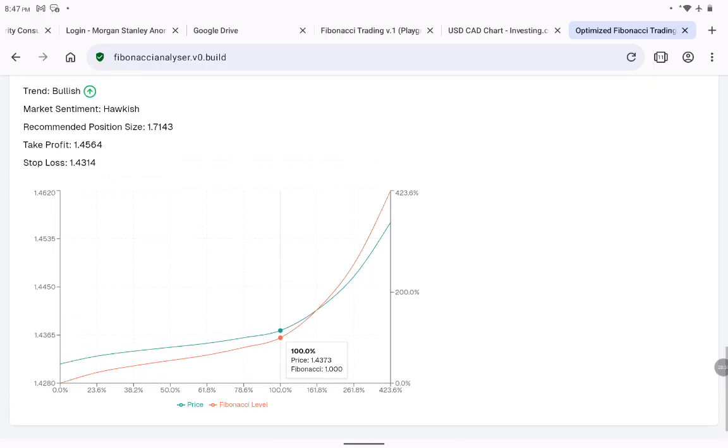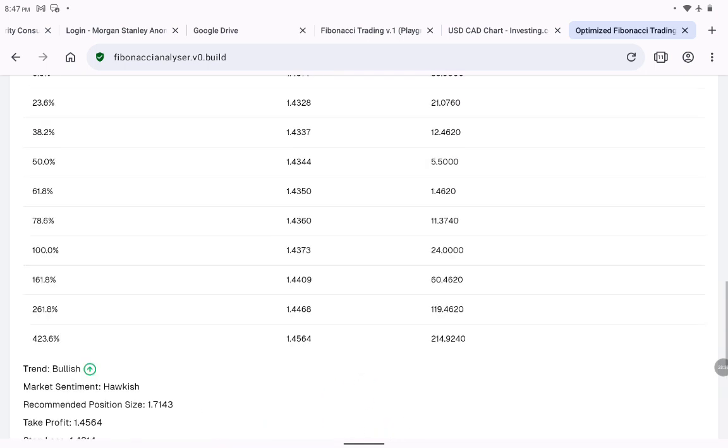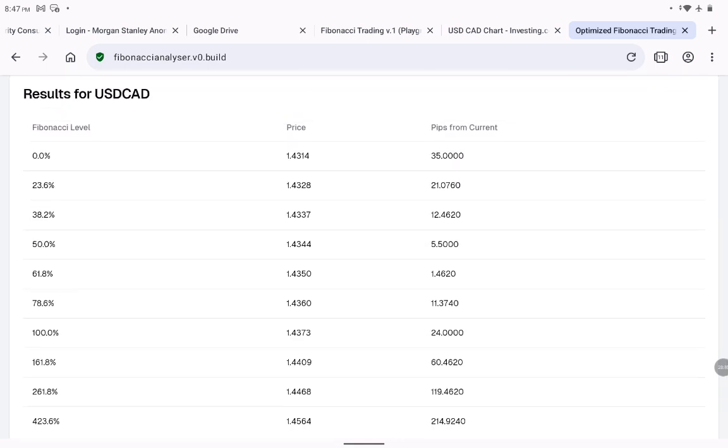So you can set an order also at the average, right?